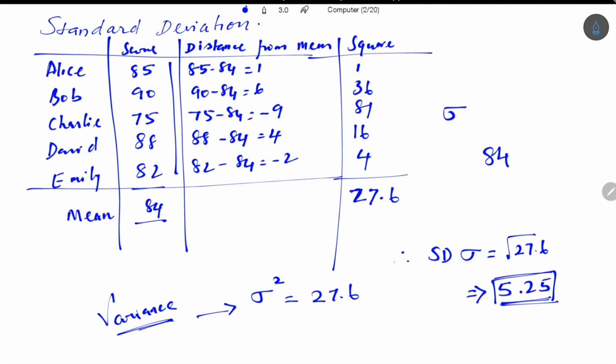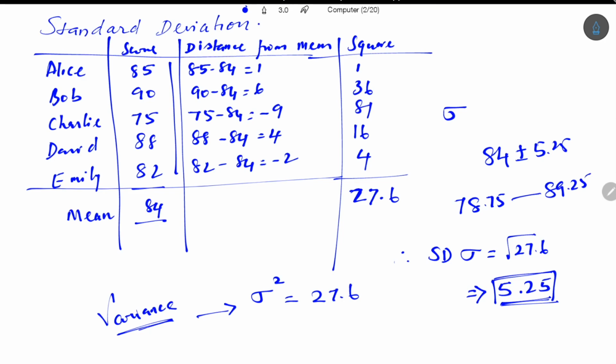From this, I can say what my average class score would be in the next semester. I can say this is plus or minus 5.25. That means 84 minus around 5, my average would be 78.75 to 89.25.